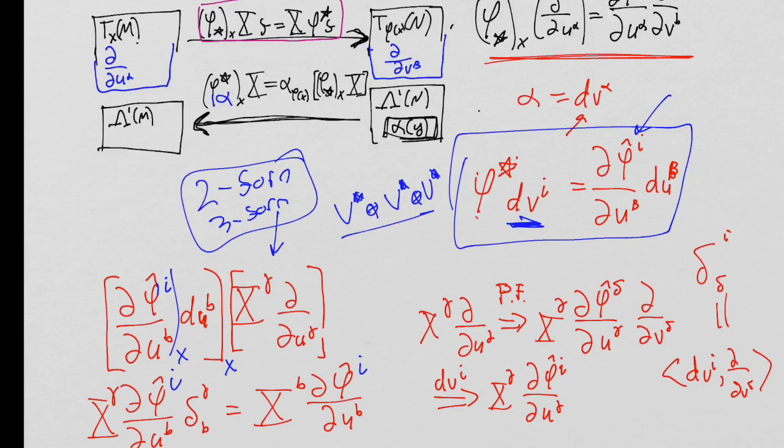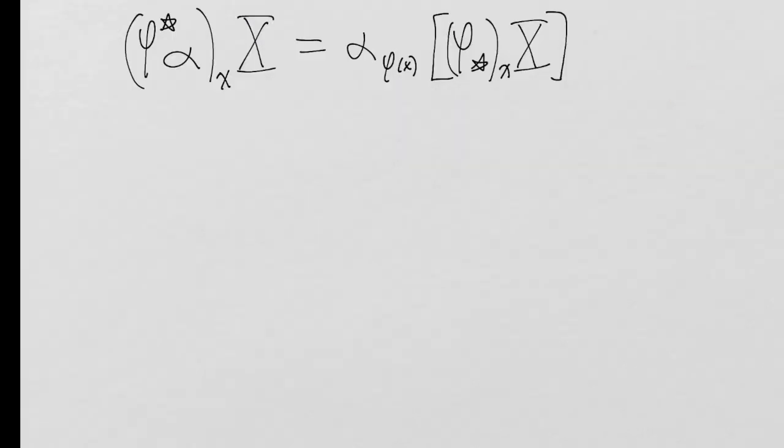It's a very straightforward extension of this to do those pullbacks. So here we have the definition, right? This is the pullback of a one form operating on a vector in Marshall is equal to the one form operating on the push forward of the same vector, right?